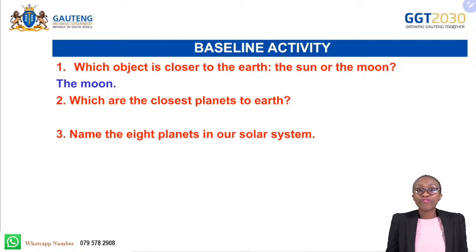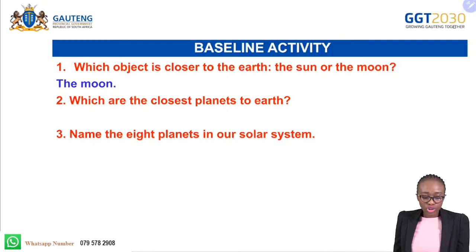If you remember from last week's lesson, when we were learning about the rotations and the revolutions of the earth around the sun and the moon around the earth, we also saw how the planets are arranged. So the moon is closer to the earth than to the sun.